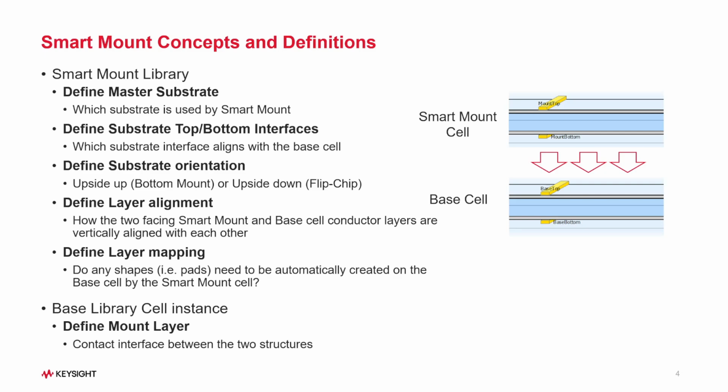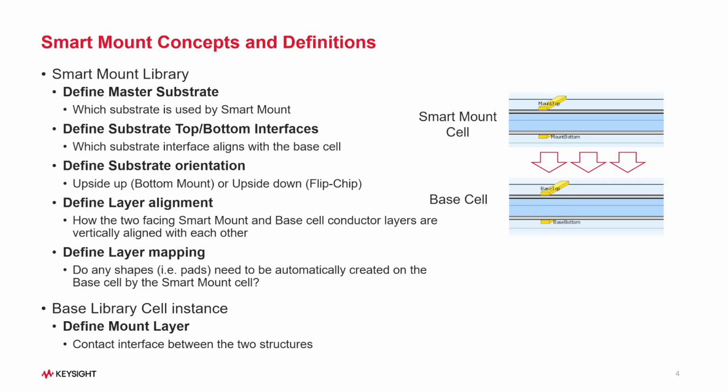And then lastly, define if there's any layer mapping involved. Now this is a complicated topic, but essentially if we want some shapes to be automatically created or defined on the base cell by the Smart Mount cell, then that's possible. And the typical use case for this was automatic definition of pads on the base cell, depending on how the Smart Mount cell is defined.